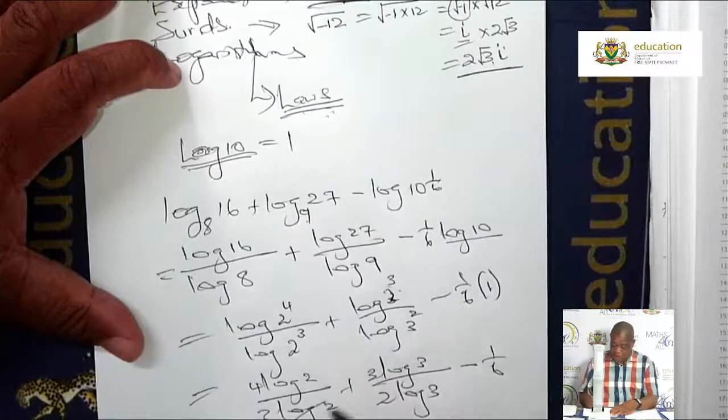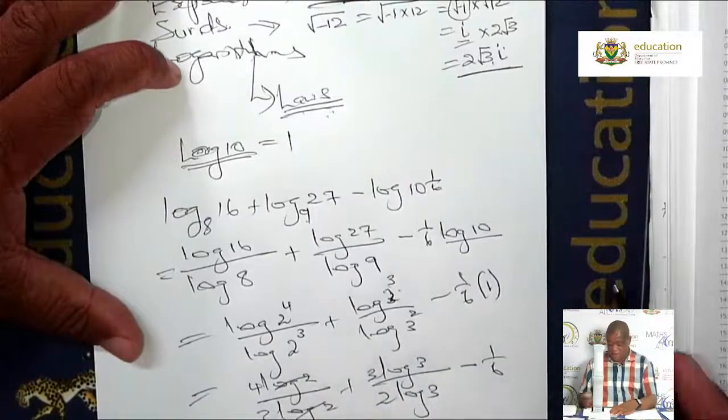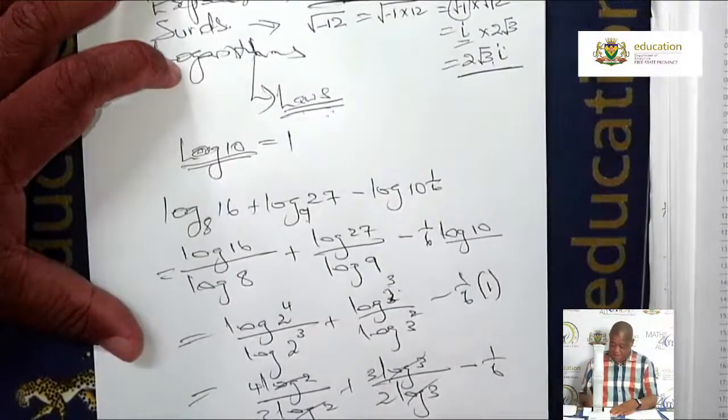Of course, log 2 cancels log 2, so we have 4 over 3. This side, log 3 cancels log 3, 3 over 2, then minus that. And then you are left with 4 over 3 plus 3 over 2 minus 1 over 6.